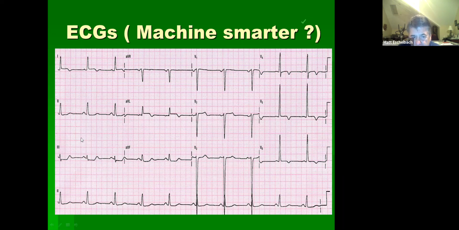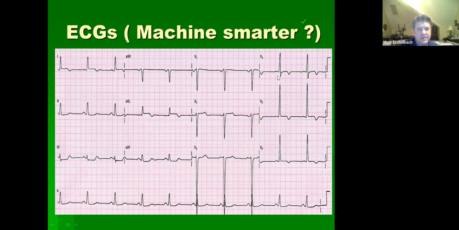All right, let's go to 2, 3, and AVF. This looks pretty normal to me. What about here? Do we see a little down sloping, a little ST depression? Yeah, so that would be more reciprocal changes to the 1 and AVL. Now let's go to V1, V2, and V3. They're not too exciting, are they? V4 is not too exciting either, but now we've got a flipped T wave in V4.